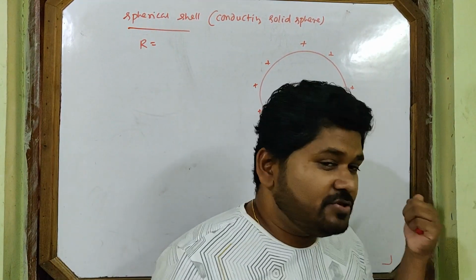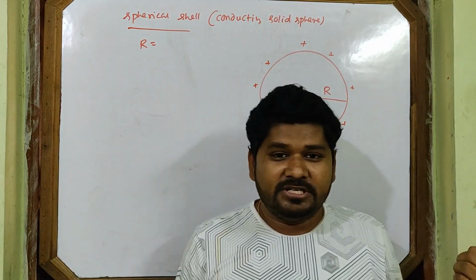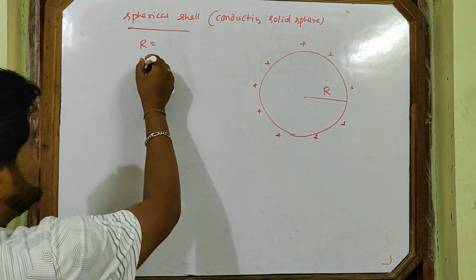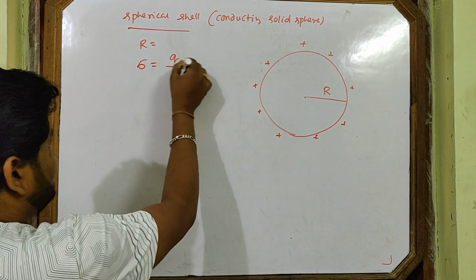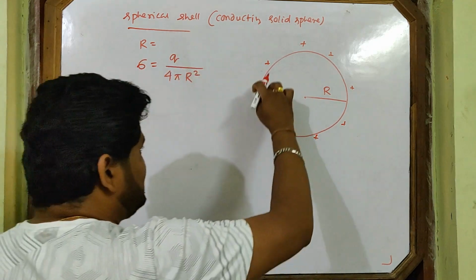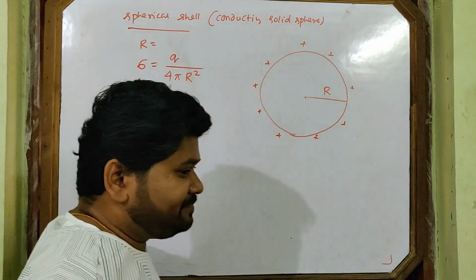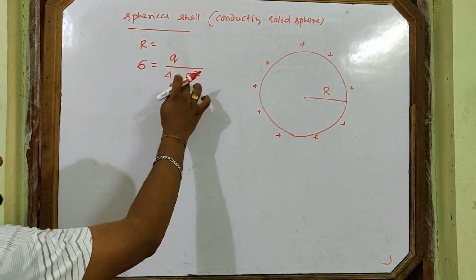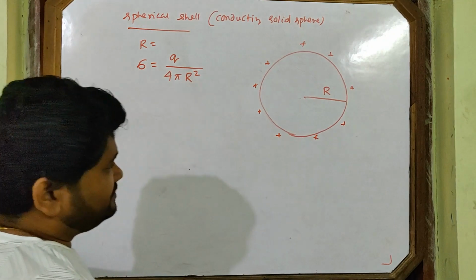Charges remain on the surface, so which density will come, surface charge density or volume charge density? Obviously surface charge density. Sigma is charge divided by 4 pi r square, the surface area of the sphere, because charges remain on the surface.